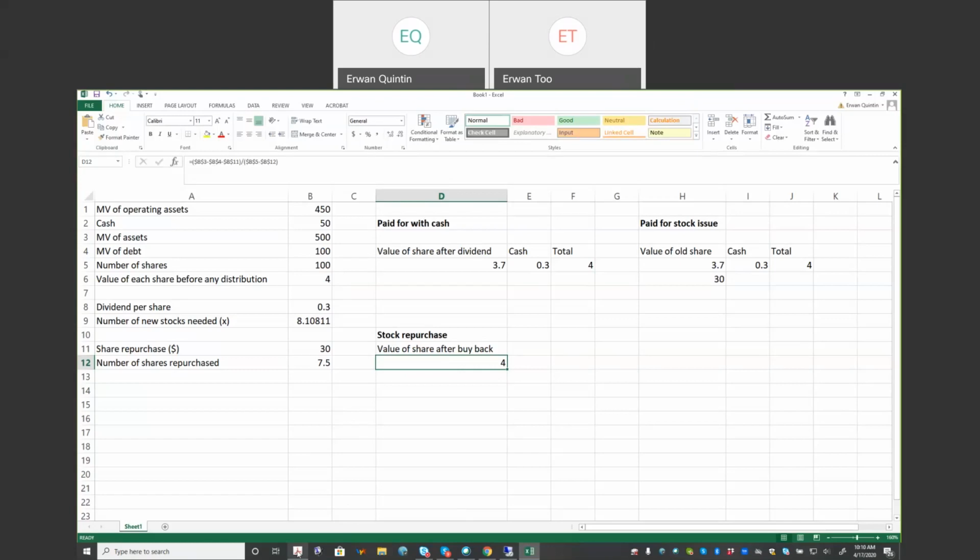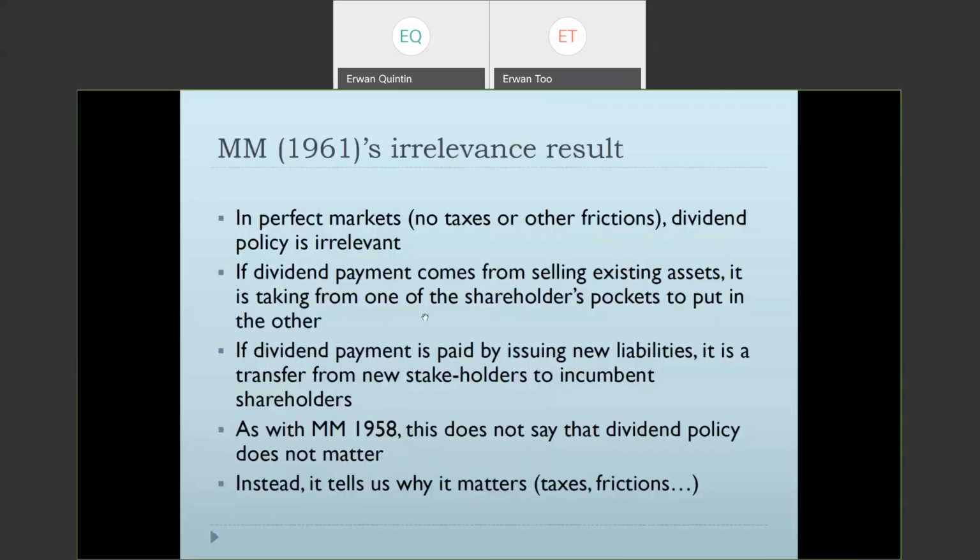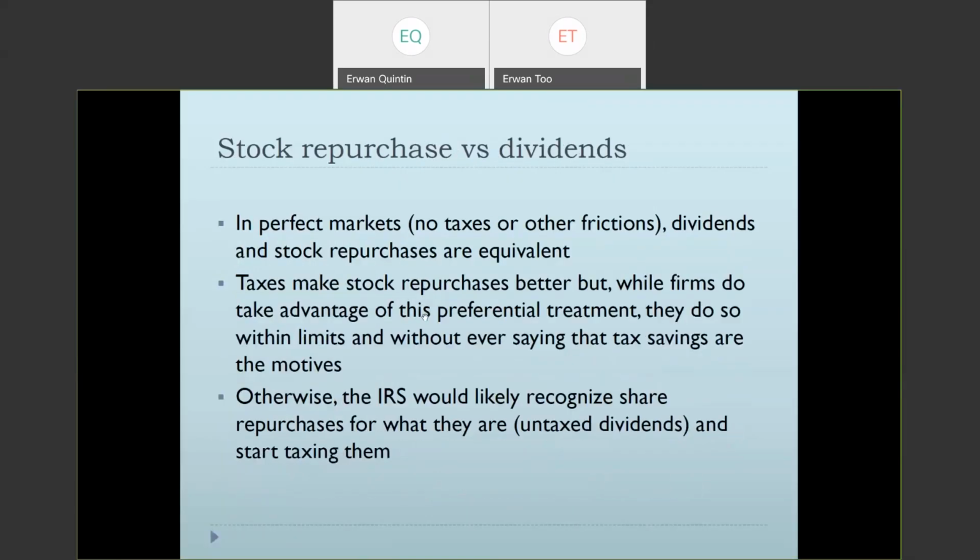Okay, very good. So this is the key result in payout policy on the theoretical side. And the question then is, what do we do with this? We do see treasurers and CFOs worry a lot about their payout policy. So why is that?